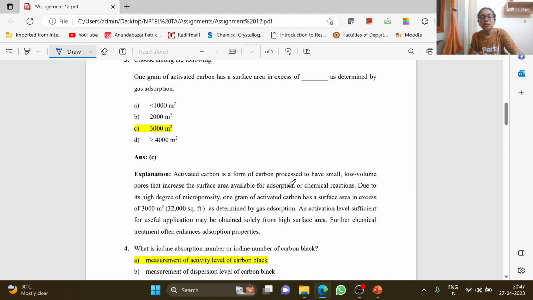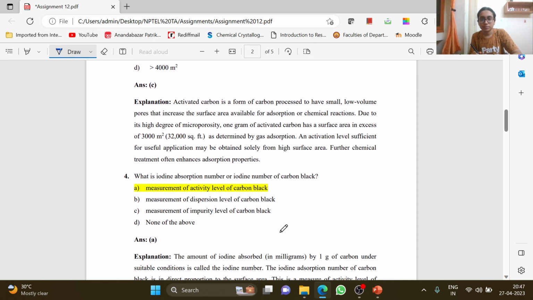Due to its high degree of microporosity, 1 gram of activated carbon has a surface area in excess of 3000 meters square, or 32,000 square feet, as determined by gas adsorption. An activation level sufficient for useful application may be obtained solely from high surface area. Further chemical treatment often enhances adsorption properties, like introducing some moiety that will enhance the adsorption.